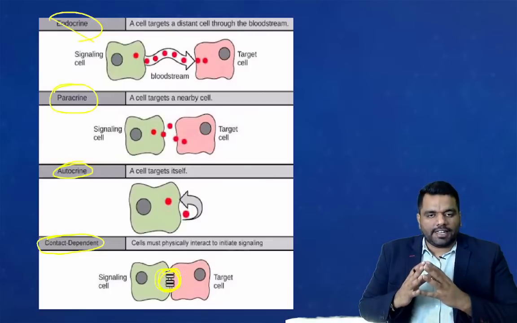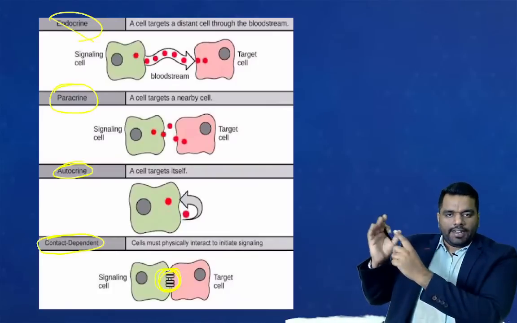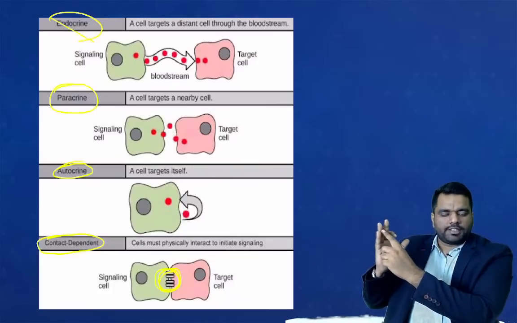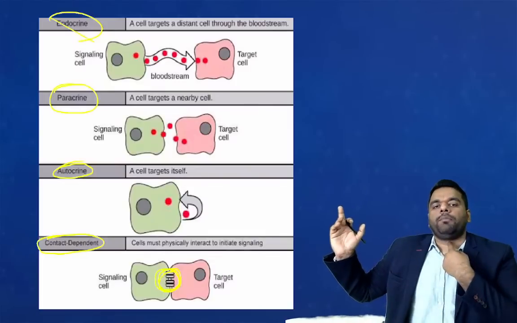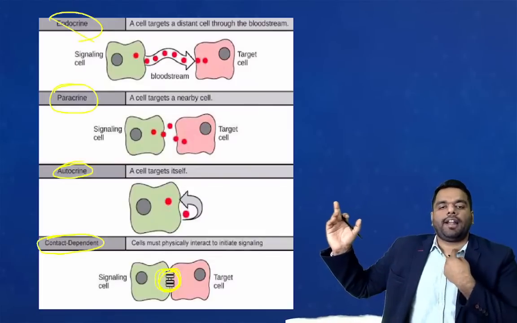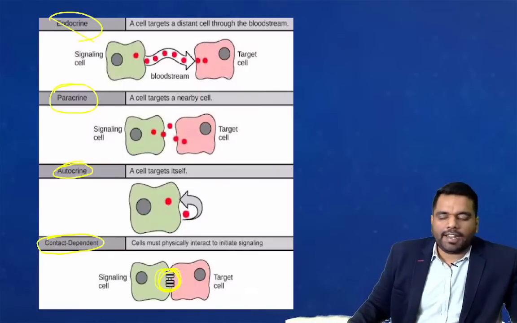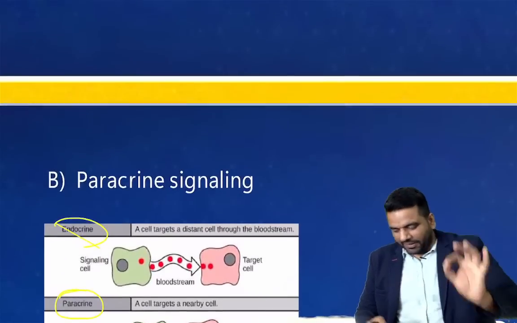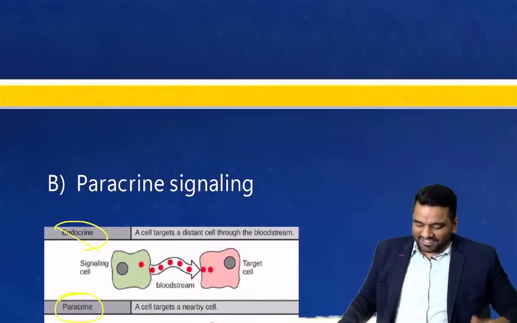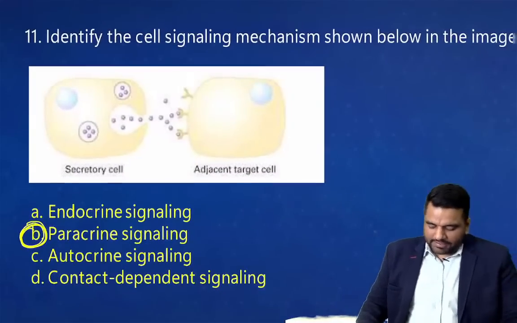But when a cell targets a distant cell, it targets via the bloodstream: it mixes its chemical into the blood and through the blood reaches the distant area. This we call endocrine cell signaling. So the answer is paracrine cell signaling. Very good.